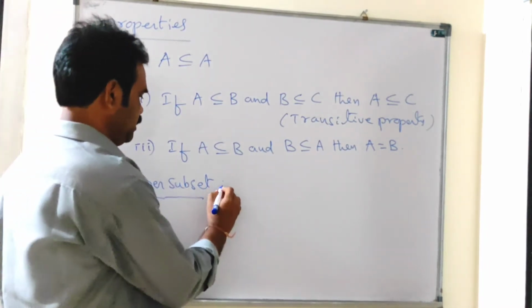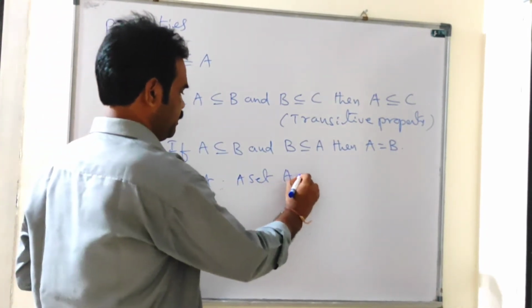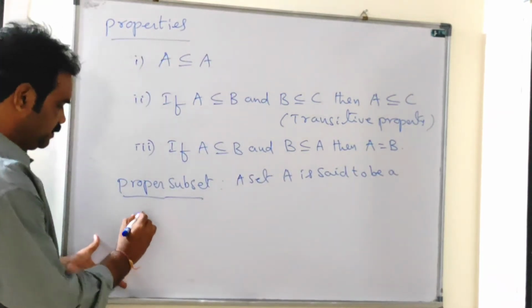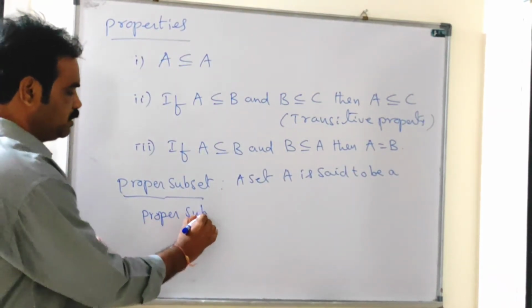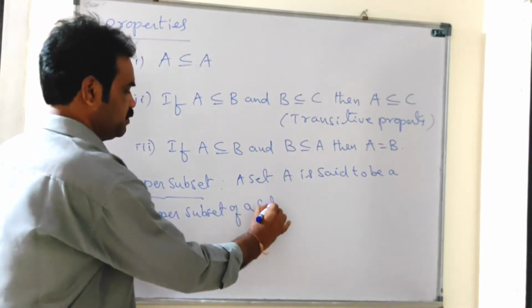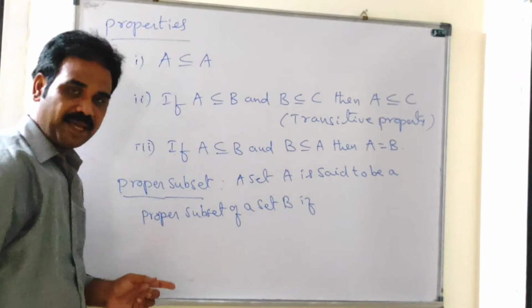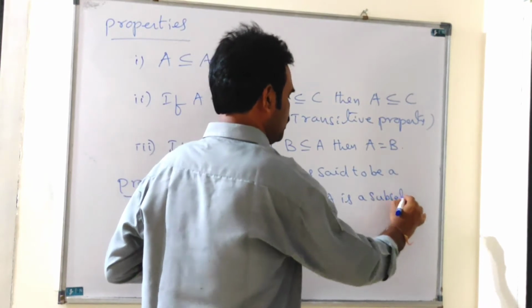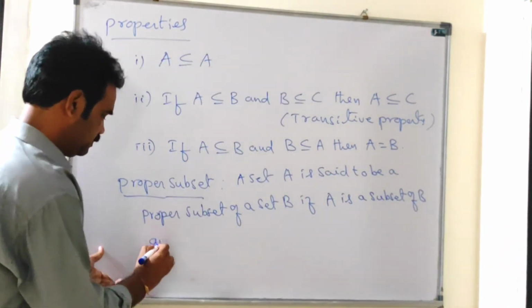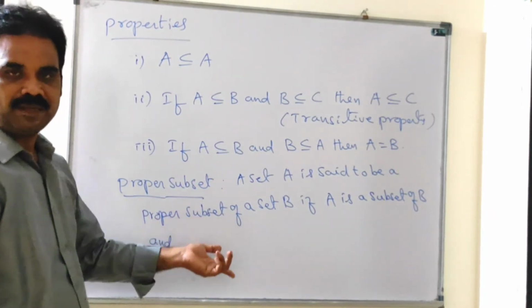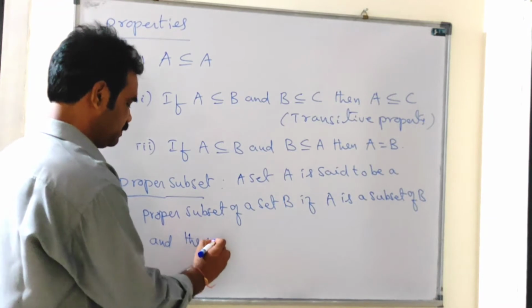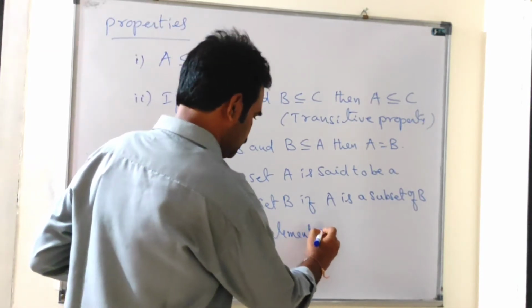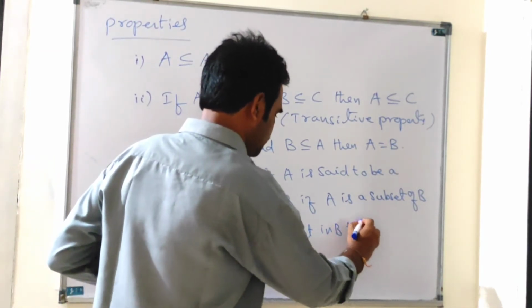A is said to be a proper subset of a set B if A is a subset of B, and there exists an element in B that is not in A.